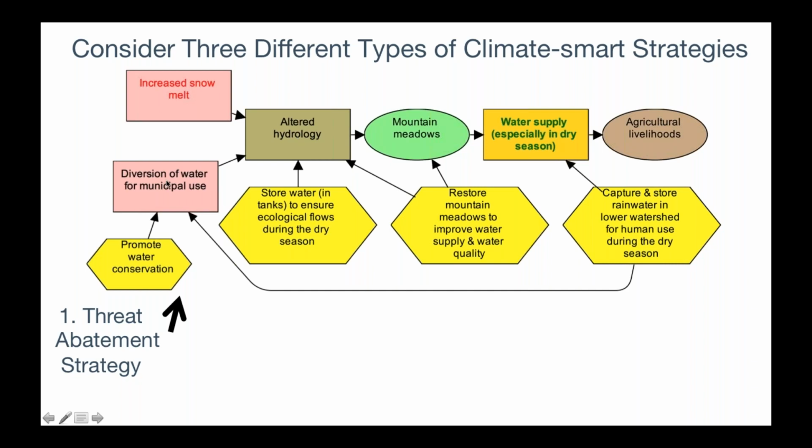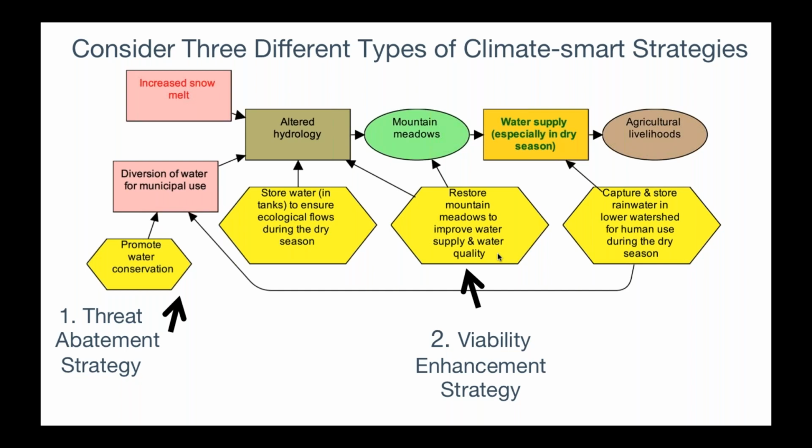So by reducing this threat, you can then hopefully help to mitigate the impact on that stress. So that's one category. Another category is viability enhancement. You could restore the mountain meadows to improve water supply and water quality.